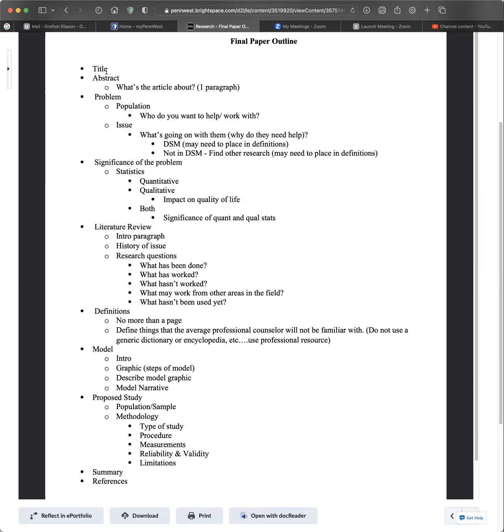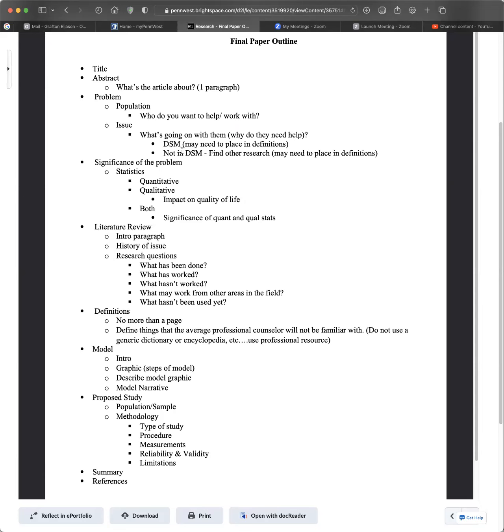So we have title, that's a title page. We have the abstract, what's your article about, 1 paragraph. We have the problem that you're going to address, the population, who are you going to help? What is their issue? What's going on with them?